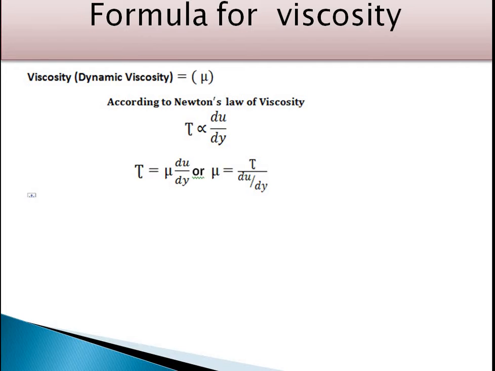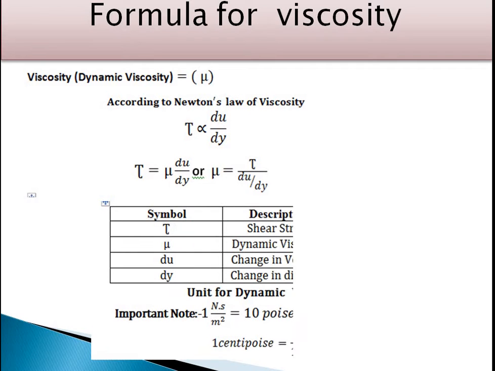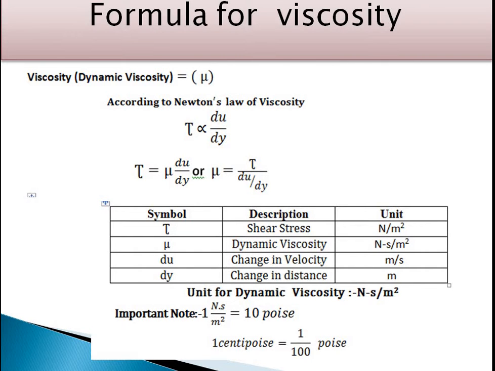Now tau is equal to mu into du by dy, where mu is called the viscosity constant, or the dynamic viscosity. So dynamic viscosity mu can be calculated as tau divided by du by dy. Here, tau is the shear stress, in Newton per meter square.